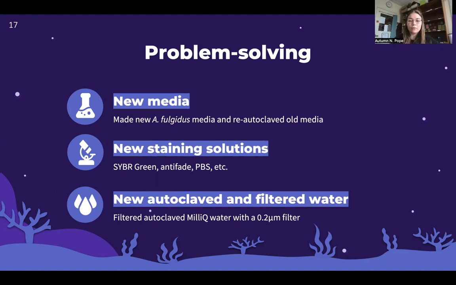I filtered it with, I think it was a 0.45 micron filter, and then I brought it down to a 0.2 micron filter, and the water was the issue. There was contamination in the water, which was getting into everything else. That was what was causing those issues. And I only found this out a couple weeks ago. So it's been a long process trying to figure out what is going on.